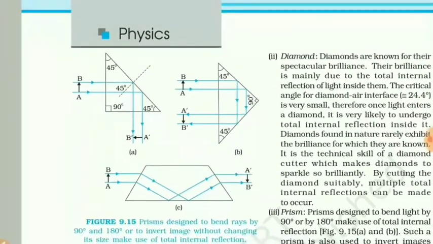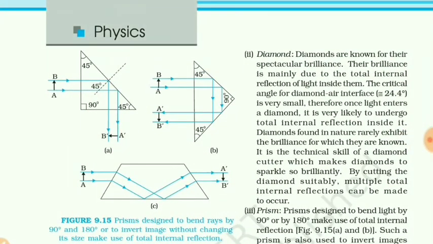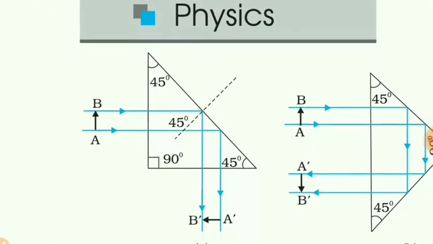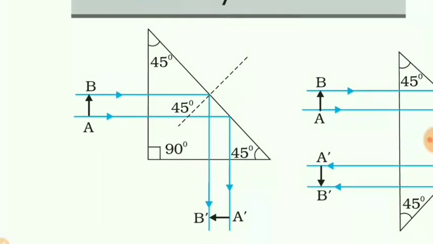Now here different types of prisms are shown, and the total internal reflection in these cases in different types of prism is shown. In this first, you can see this is an object AB, with rays coming from the object, that is from the top and the bottom.